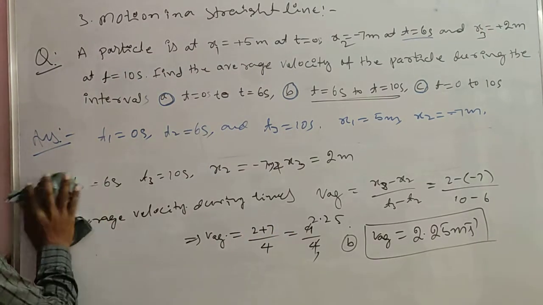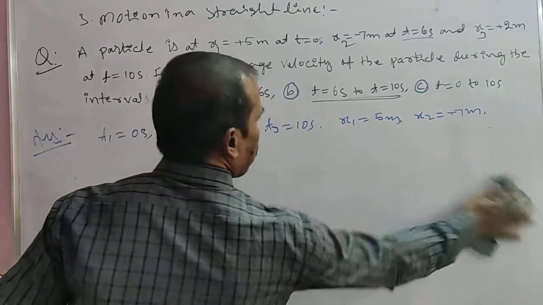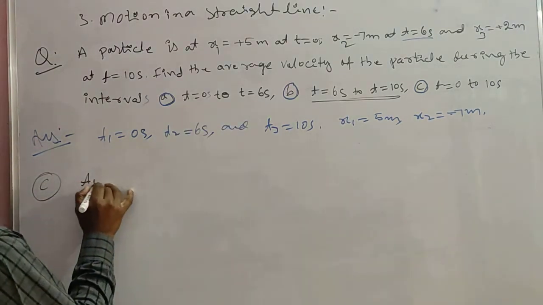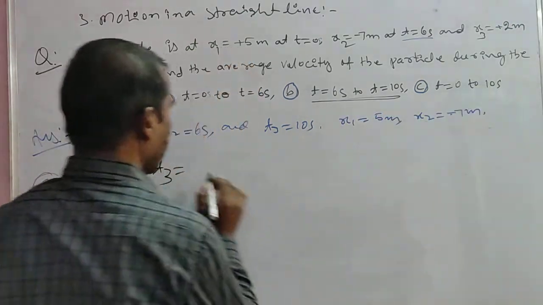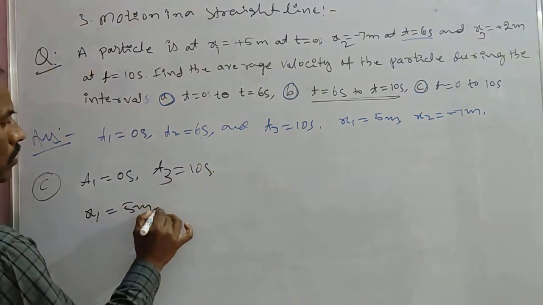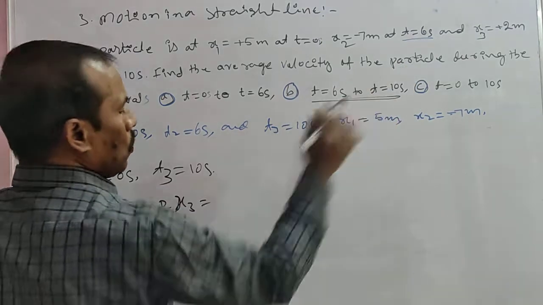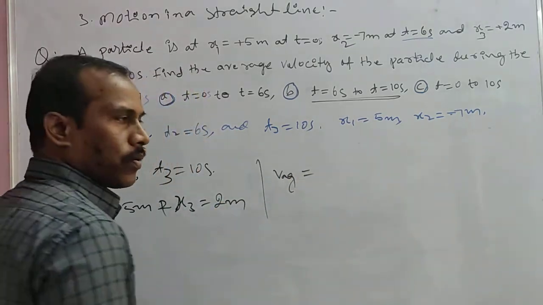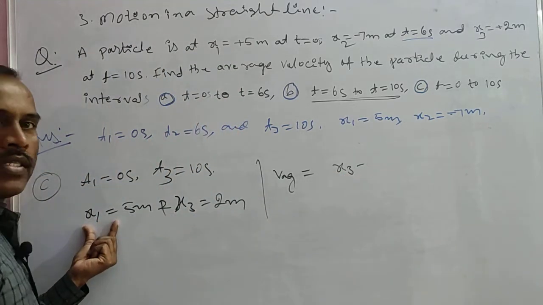Now, third option, condition C. So average velocity is equal to x3 minus x1 by t3 minus t1.